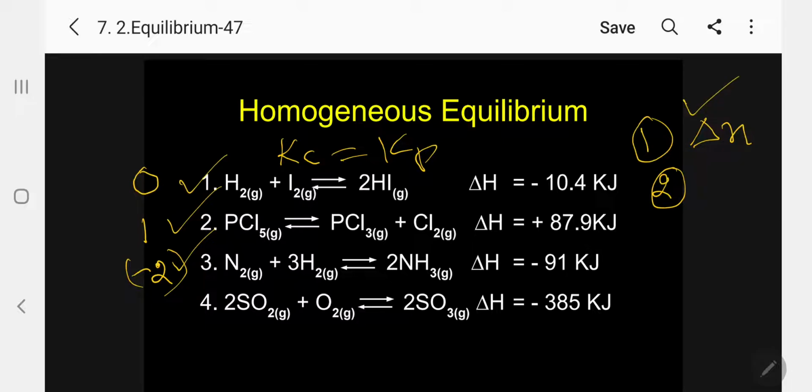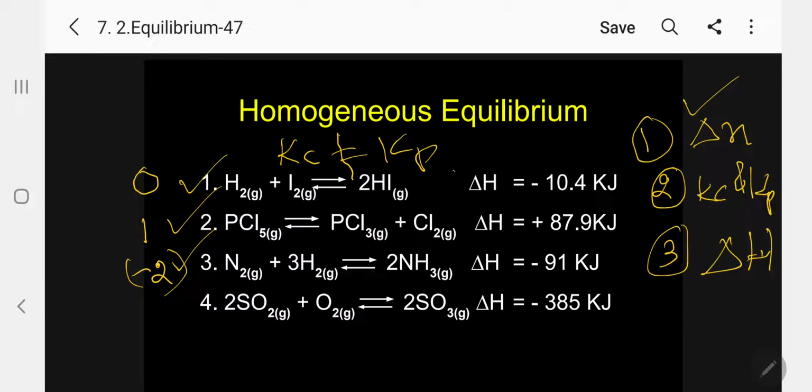If delta n is not equal to 0, then it may be greater than or lesser than, so Kp and Kc are not equal. Kindly follow. And third most important, delta H you have to find out.